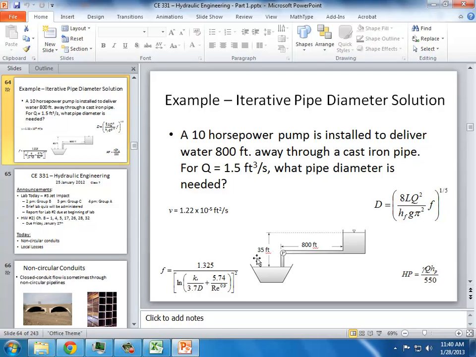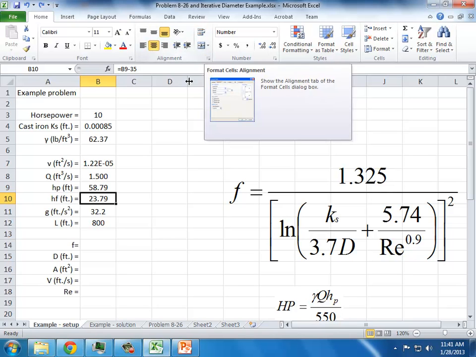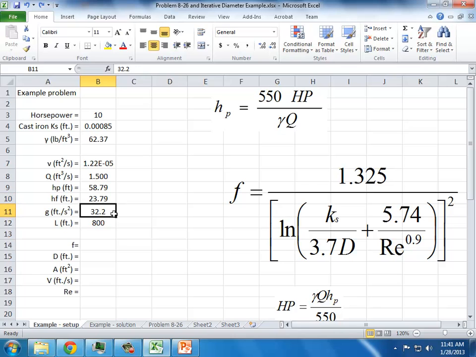It's H sub P minus Z2. So it's how much pump head is added minus the elevation at 2, assuming that elevation at 1, that water surface, is equal to 0. The elevation difference of 35 feet. Okay, so that's where this H sub F comes from. And G is a constant. The length is defined in the problem.